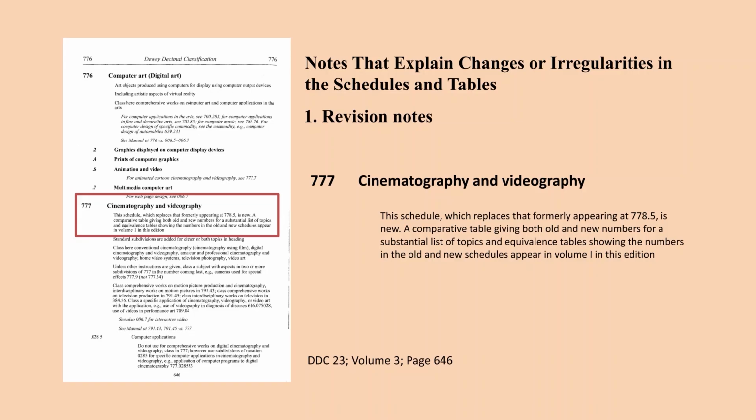In this particular class, the note section reads as this schedule, which replaces that formerly appearing at 778.5 is new. Means in the previous edition, the cinematography and videography was in 778.5. A comparative table of these changes giving both old and new numbers are given in the tables showing the number of the old and new schedule.